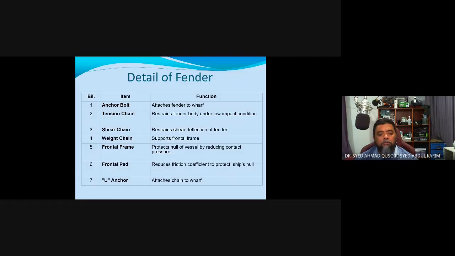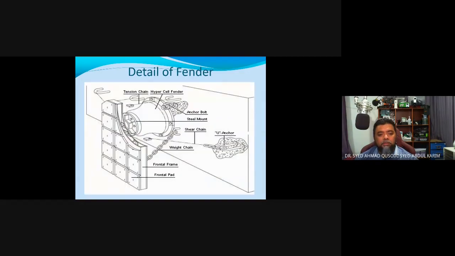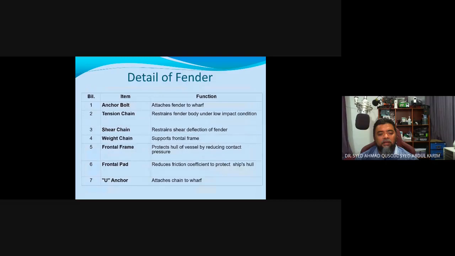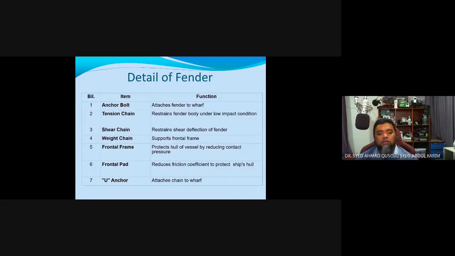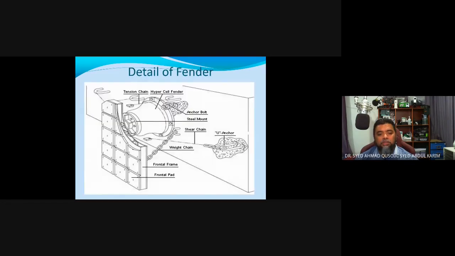So these are the components. You can see in the diagram: anchor bolt, tension chain, anchor bolt, tension chain, shear chain, weight chain, the shear and the weight. This is to handle the weight of the pad here.